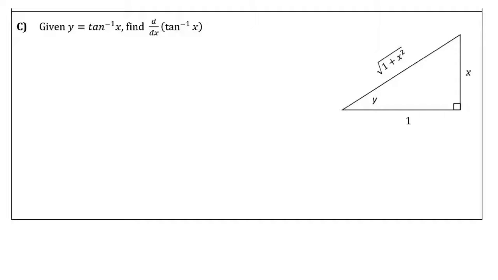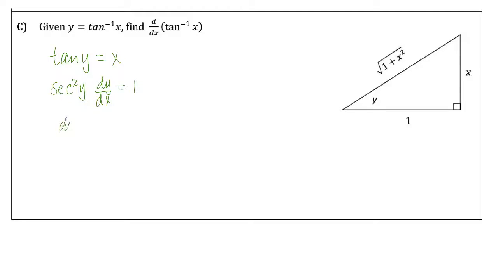And again, finally, the inverse tangent. Very similar process again. We're going to say that was really tangent of y equals x, and then do the derivative of both sides. The derivative of tangent is secant squared y, and of course your dy dx, and all of that is equal to 1.